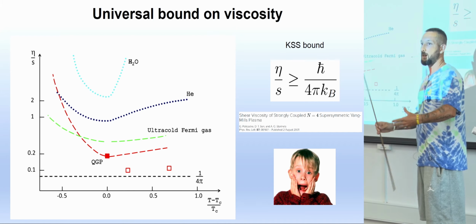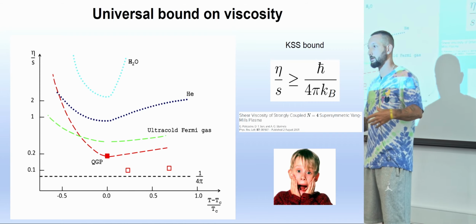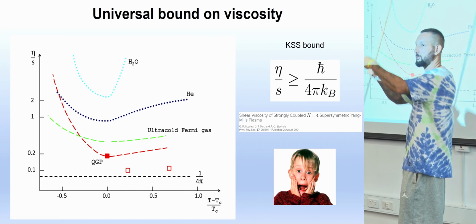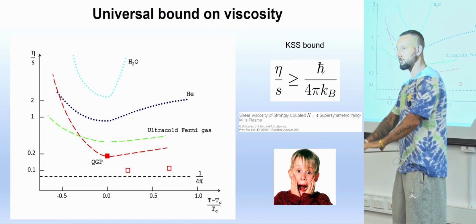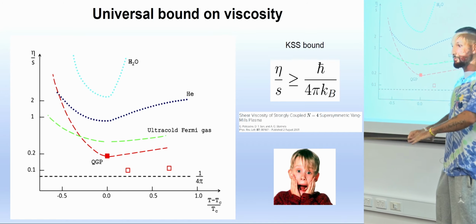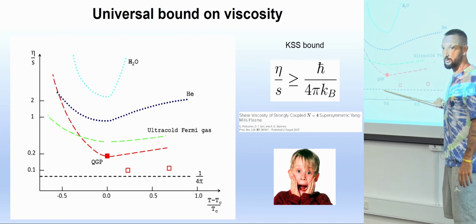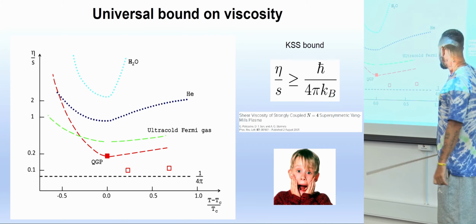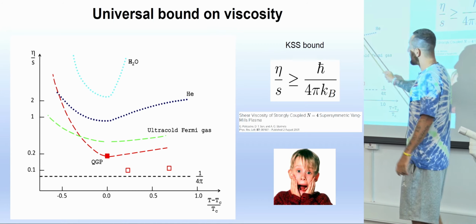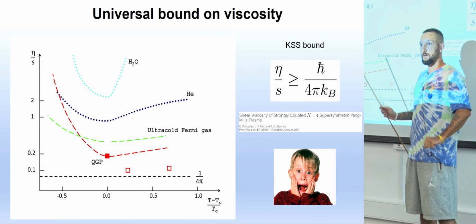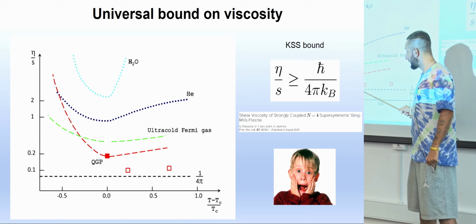So this is basically the plasma that is produced in heavy ion collisions when you take these heavy atoms and you squash them together, and you produce a soup of deconfined quarks and gluons going around. You see, this is actually the closest system that we know to this bound. And the belief is that the more strongly coupled the system becomes, the closer you are getting to this bound.